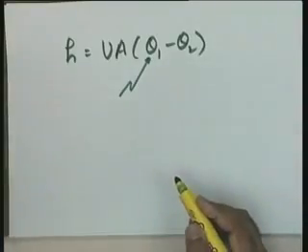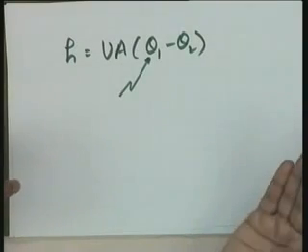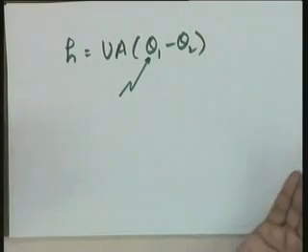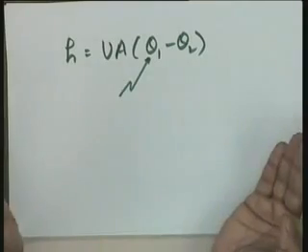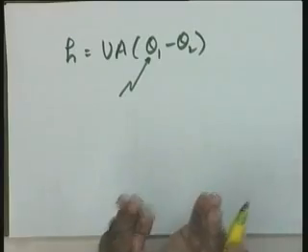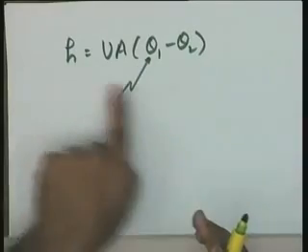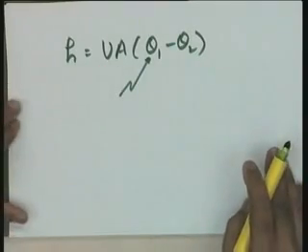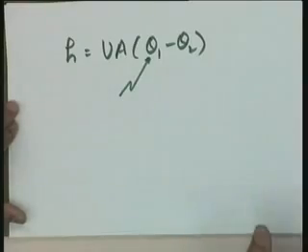Let us assume that theta 1 is the temperature of the solid, which is at higher temperature, and theta 2 is the temperature of the liquid, which is at a lower temperature. So, theta 1 minus theta 2 is the net gradient across the film, and this gradient, theta 1 minus theta 2, into UA, where U is the film coefficient, becomes your heat transfer rate.